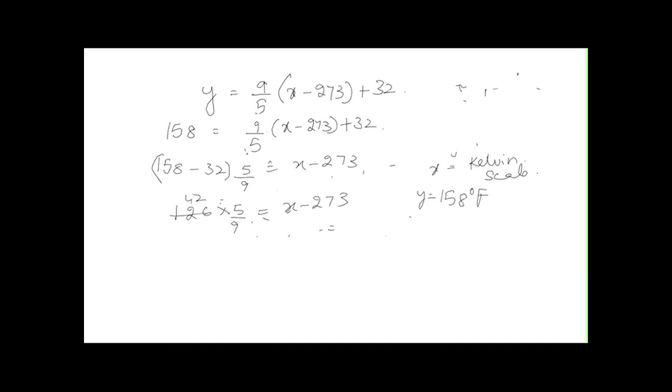That is 14. So x will be 273 plus 14 into 5, ma'am. 14 into 5 is 70. So 273 plus 70 is 343, correct. Degree Kelvin, correct.